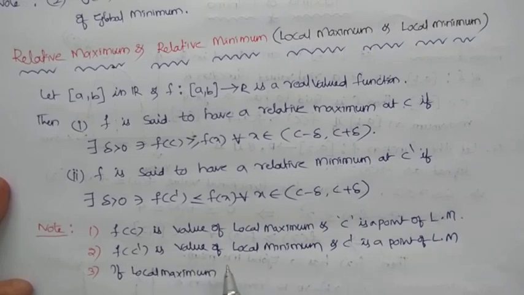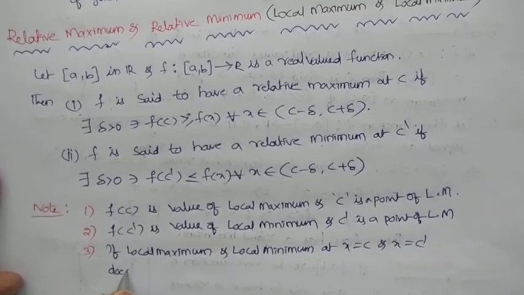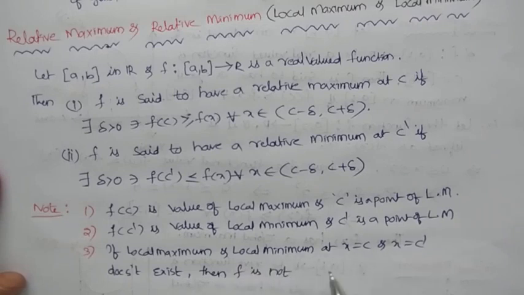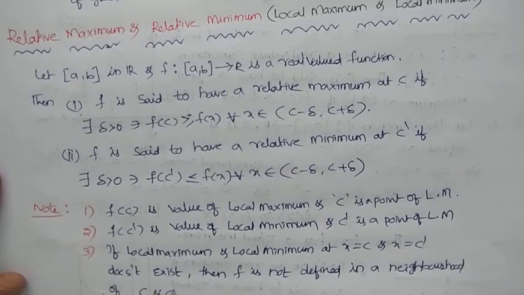Now the third one: if the local maximum and local minimum at x equals c and x equals c dash do not exist, then we conclude that f is not defined in a neighborhood of c and c dash.